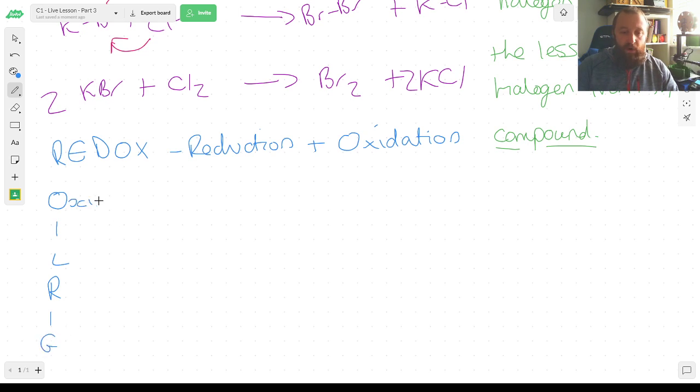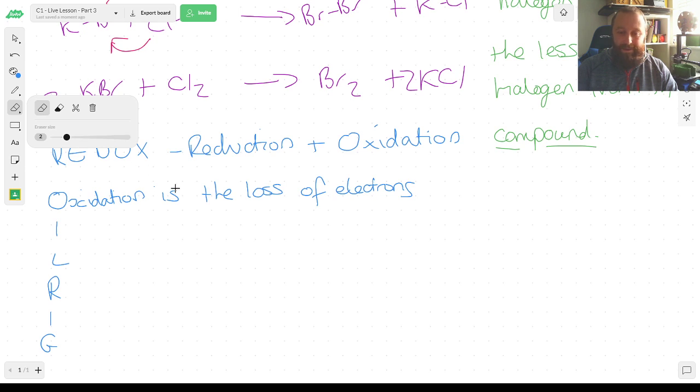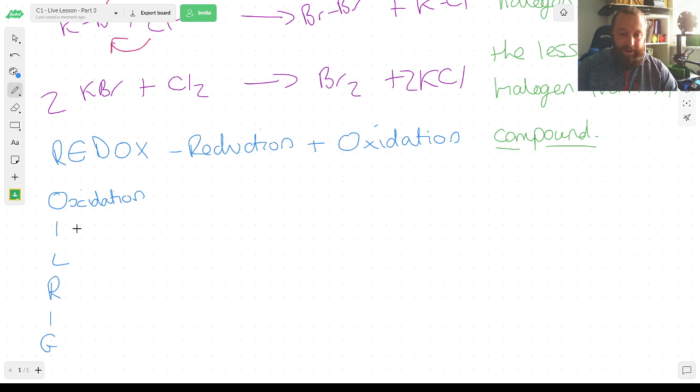So what we're looking at is that oxidation is loss of electrons. Reduction is gain of electrons.